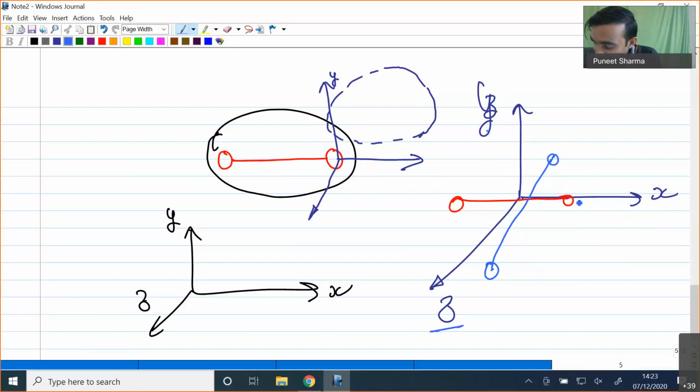And if it rotates and spins about x-axis only, then because of that spinning about x-axis, it will be having zero rotational kinetic energy, because its mass moment of inertia will be zero. So is this point clear?